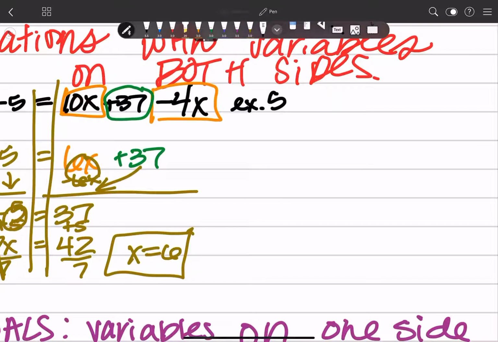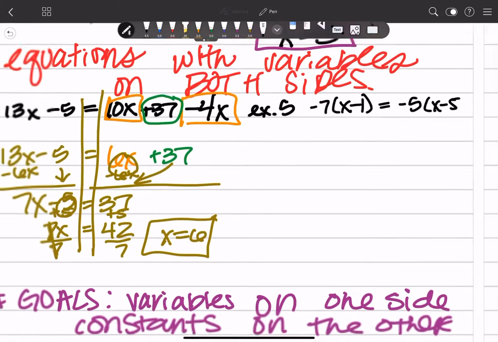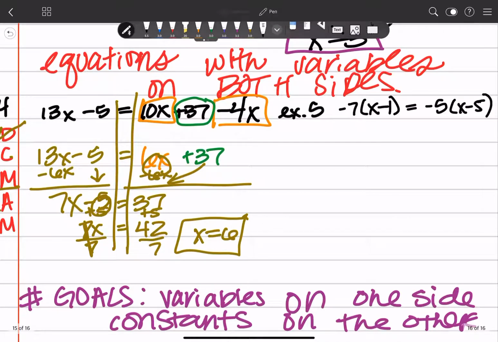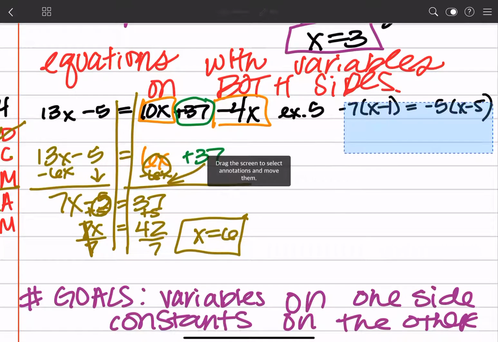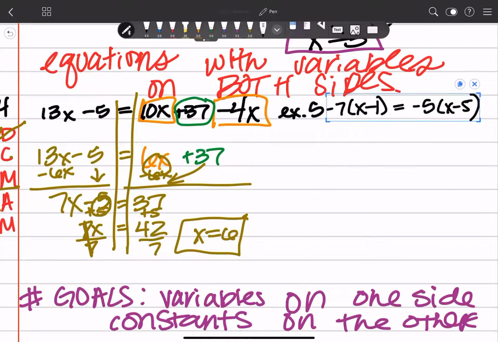So it's going to be negative 7 times x minus 1 equals negative 5 times x minus 5. Oh, no. Oops. Sorry, guys. Had to do some surgery. Minus 4x.